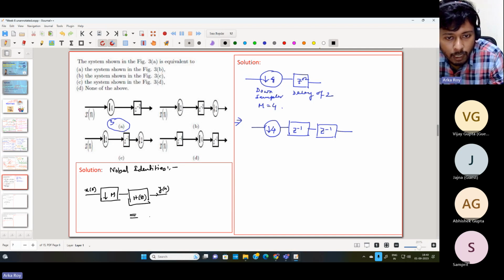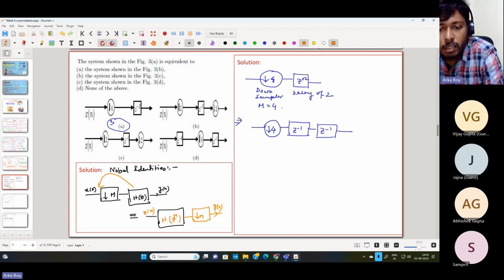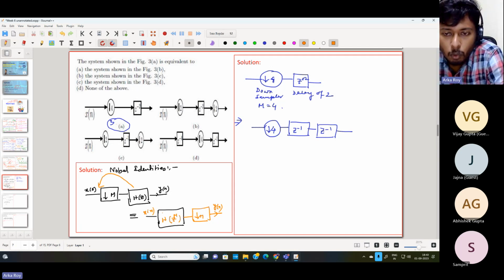So it is equivalent to taking this filter to the first location, where I just need to take a power of it: H of z to the power M, and then I can write it as the downsampler of M following it. This is the output and this is the input. In this way, the noble identity relationship holds.